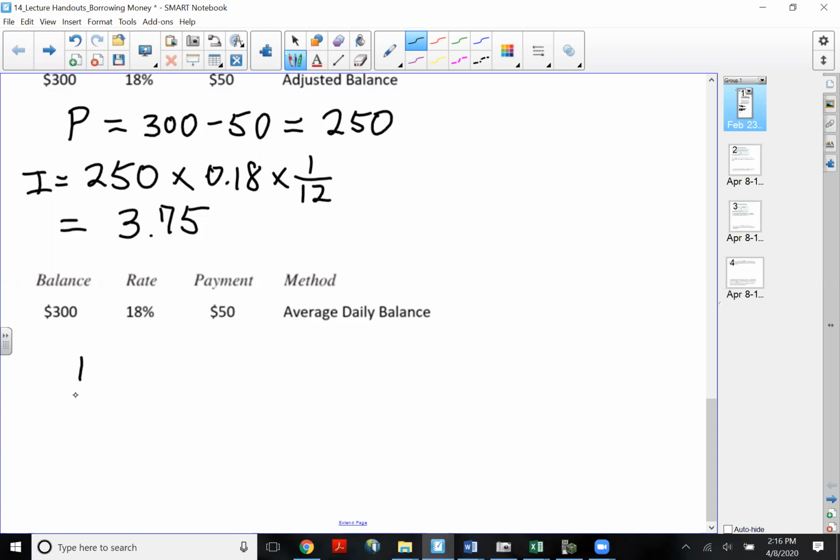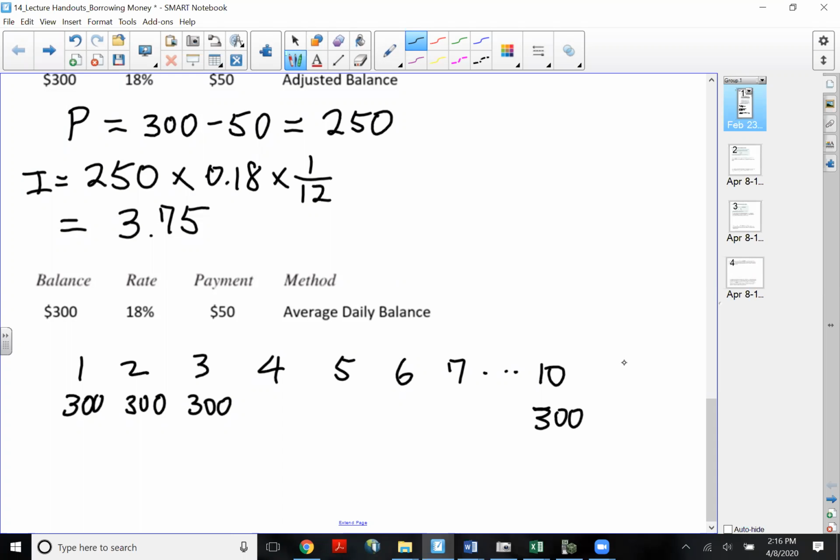the first day of the month, the second day of the month, I owe $300. Third day, I also owe $300 because they have not got my payment yet. They don't get my payment until the 10th of every month. So on the 10th, I still owe $300.